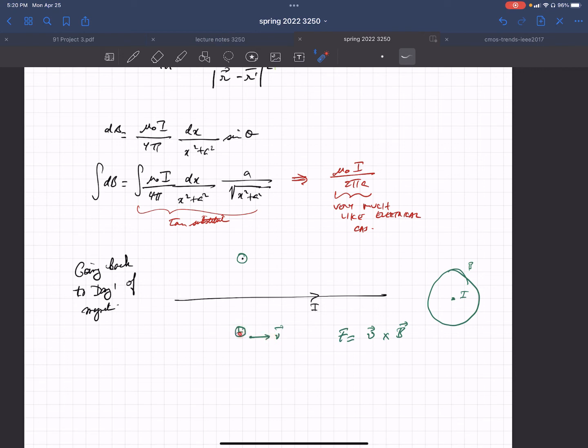Since the magnetic field here, for example, is going into the board, and the velocity is going in this direction, let's do the right-hand rule. It looks like a force that's going in this direction. So it gives you an idea of why that's the case.